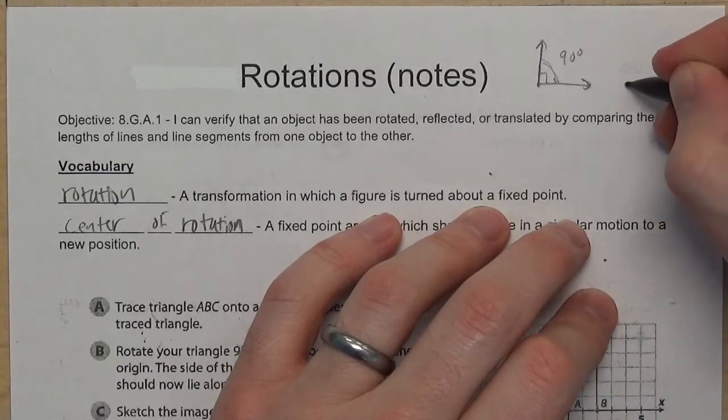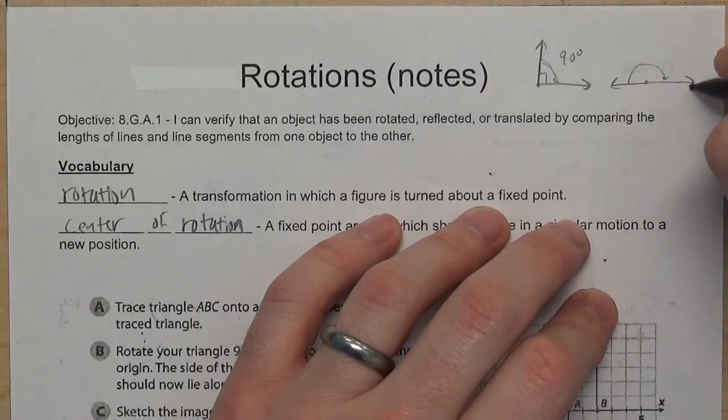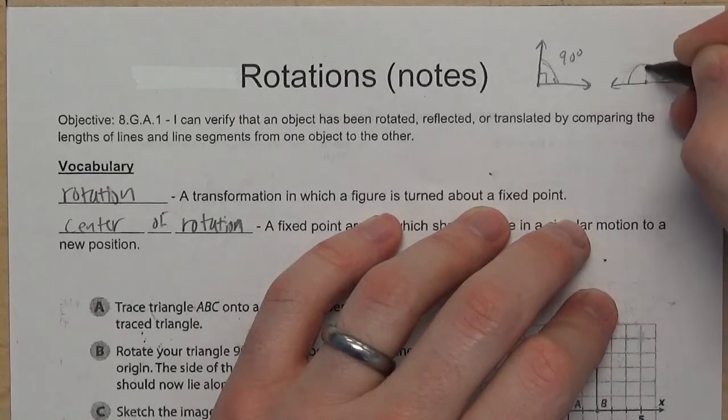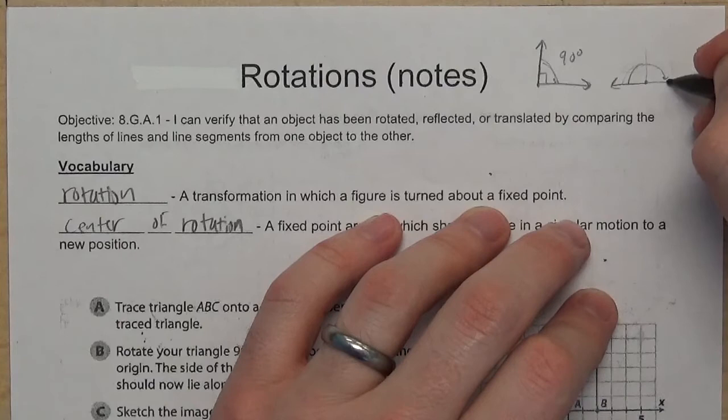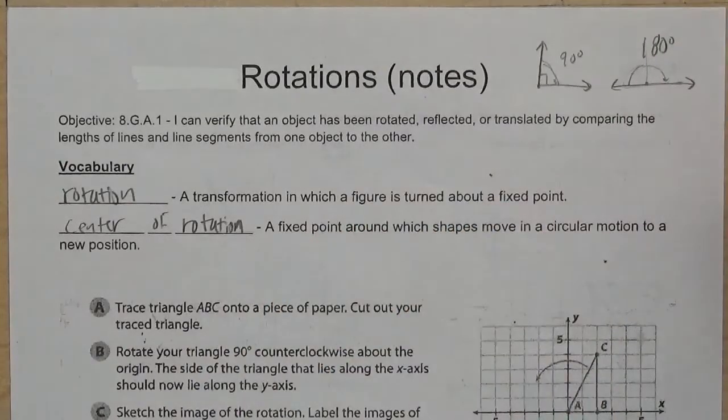If I have a ray that's pointing to the left, and I rotate it all the way, not till it's just pointing straight up, but all the way so it's pointing to the right, from here straight up, that's 90, and then another 90 till it lays flat again, making a straight line. That's 180 degrees. Okay, 180 degree rotation there.